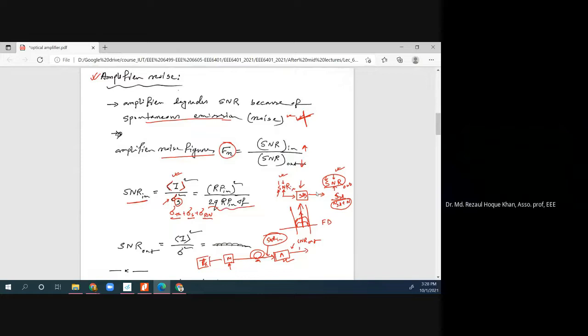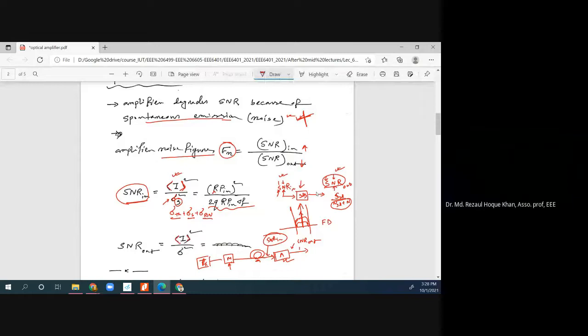This is the optical signal power, this is the responsivity of the detector, and P in is the input power. So this is the input signal. Now what will the signal output be? The output will be the output current. Probably it is the same optical power, but the noise changes here.